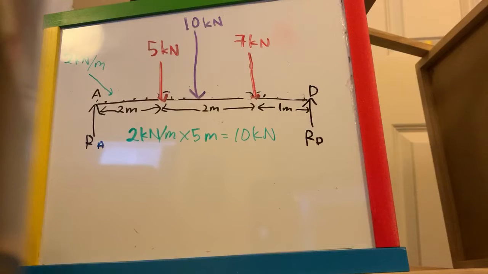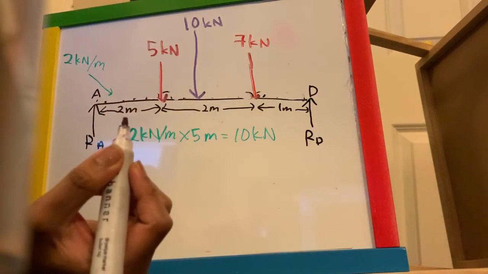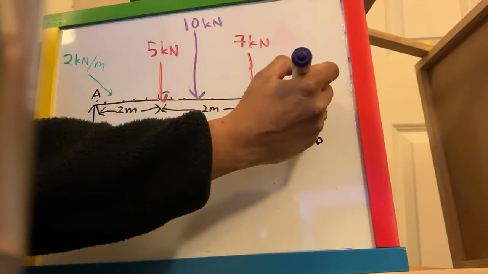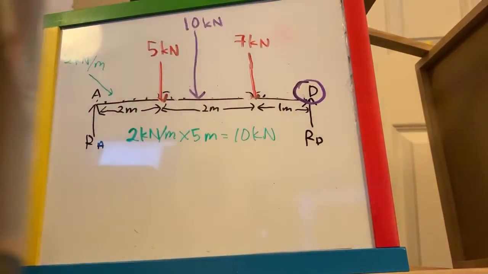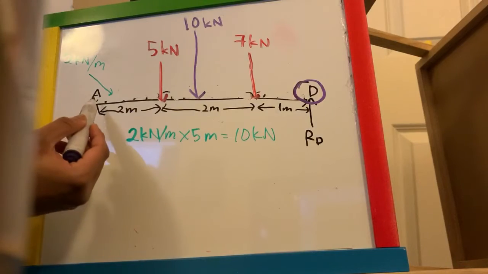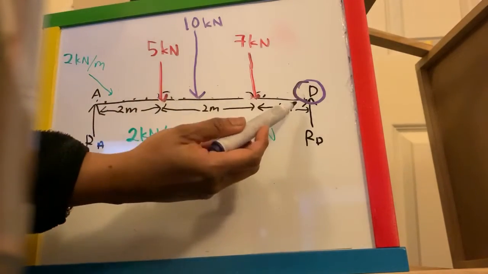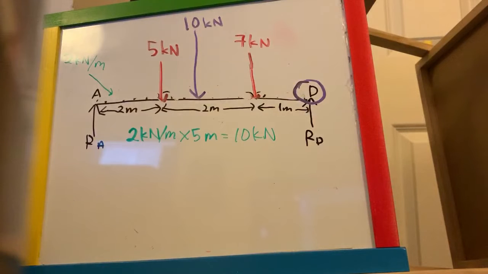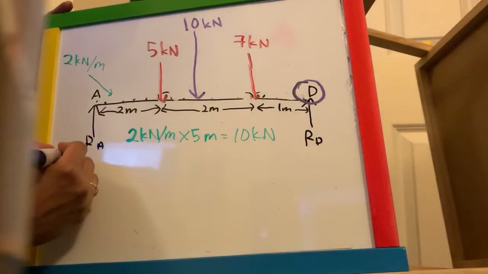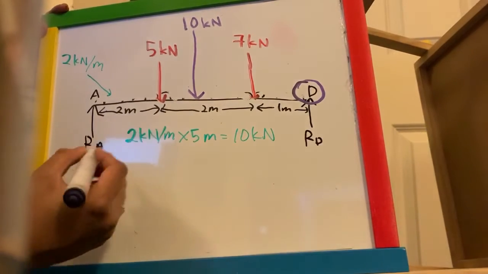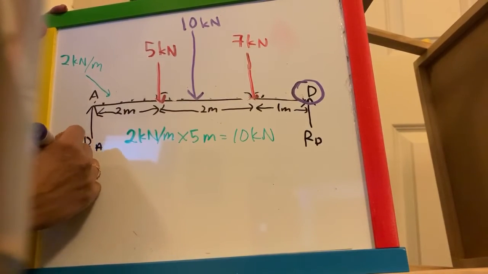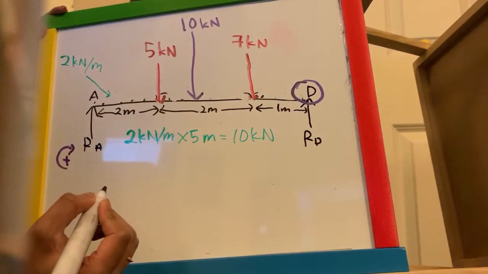Now we will work through this problem as usual. From the previous video, you know that you have to choose one point as your pivoting point. We are going to choose point D again as the pivoting point, and we take all these forces, multiply them with the perpendicular distance, and direct that to point D. We know that the total moment about the system will be equivalent to 0, rotating anti-clockwise, assuming that is positive.